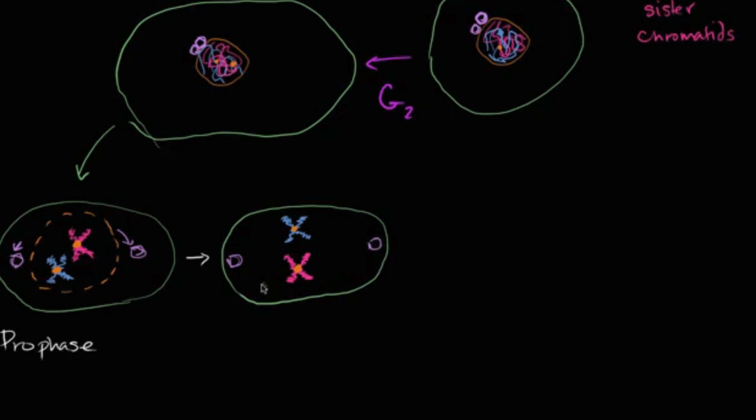And you might have heard the word, let me label this again. I labeled it in a previous video. That's centrosomes. Centrosomes. Where the two sister chromatids are connected, that's a centromere. Centromere. Now you might have heard the word centriole. Centrioles exist inside the centrosomes.